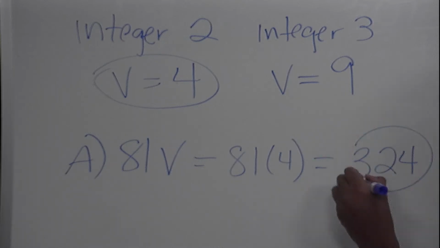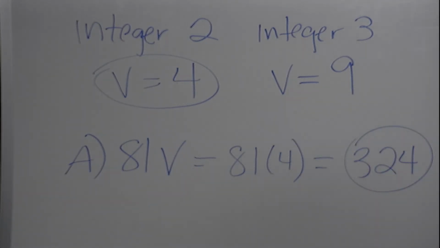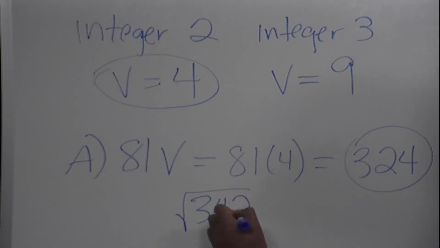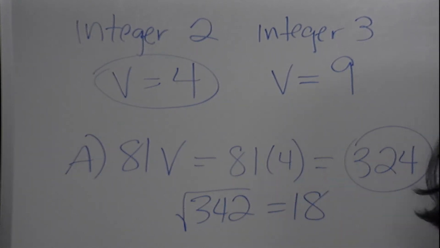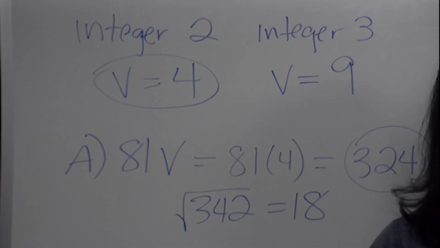Is this number the square of an integer? Does that number have a square root that's an integer? If you take the square root of 324, you will find that it is 18. So, because 324 is the square of 18, choice A is one of our possible answers.